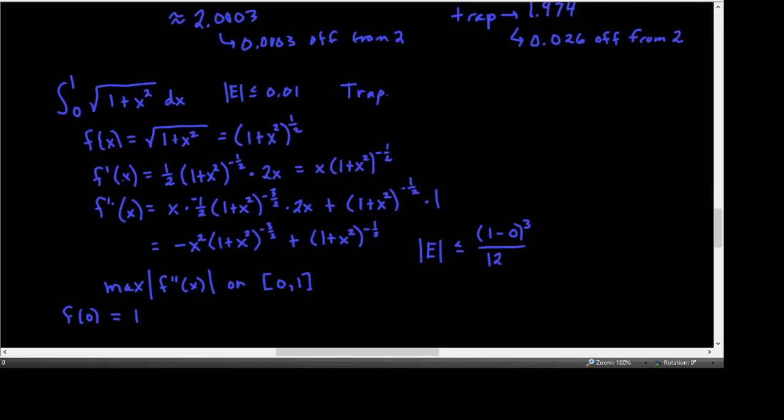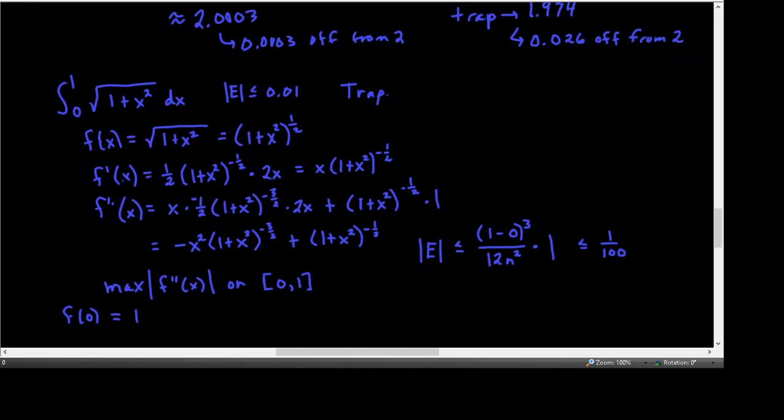And see, what we're doing is we're solving for n, so it's still a variable. So just 12n squared times that maximum value that we just found on the interval from 0 to 1 for the second derivative, and that's 1. And we want that to be less than or equal to 0.001, aka 1/1000th.